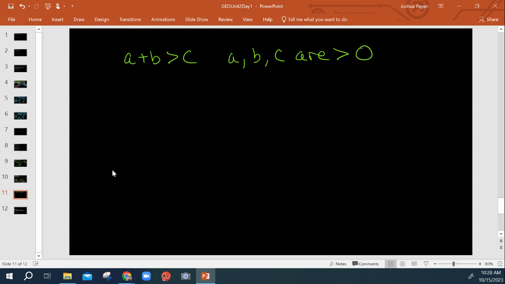This also is assuming that C is the longest side. The lengths of A and B don't matter; we're not really concerned with them. But what this means is what we call the triangle inequality theorem.